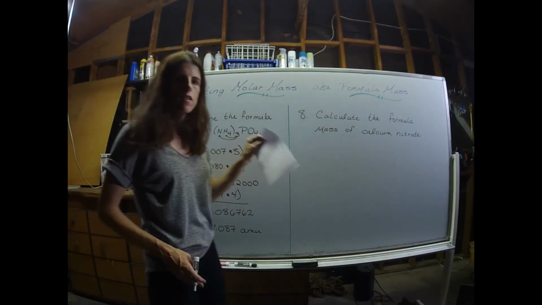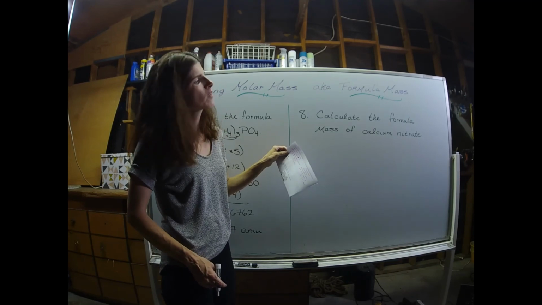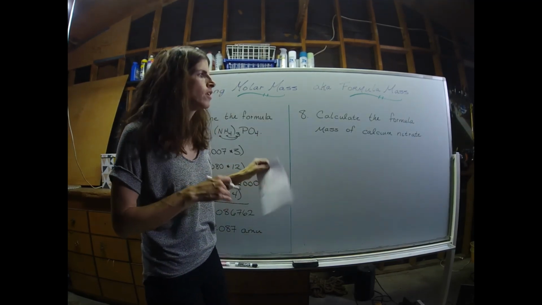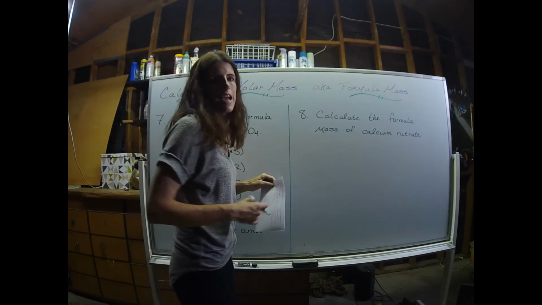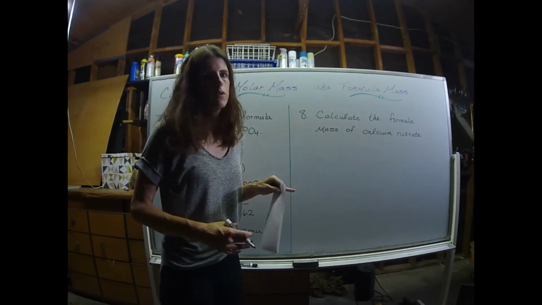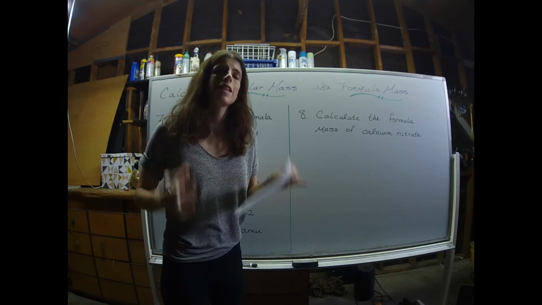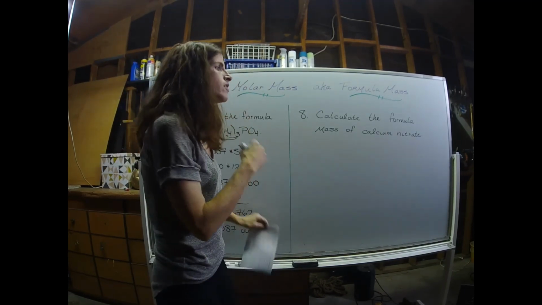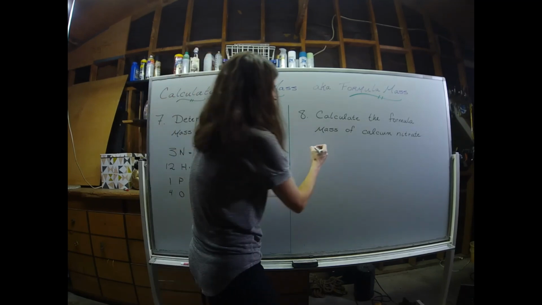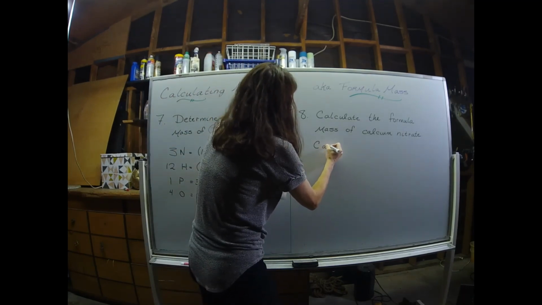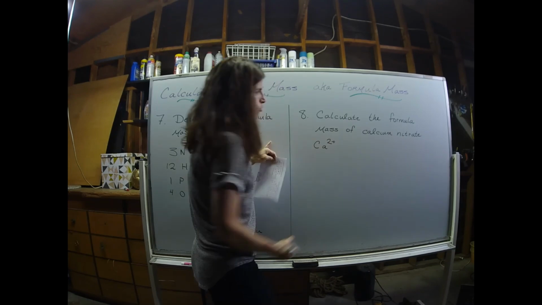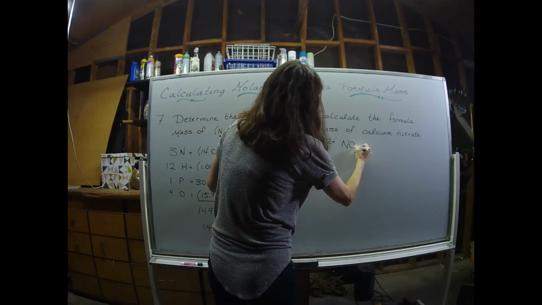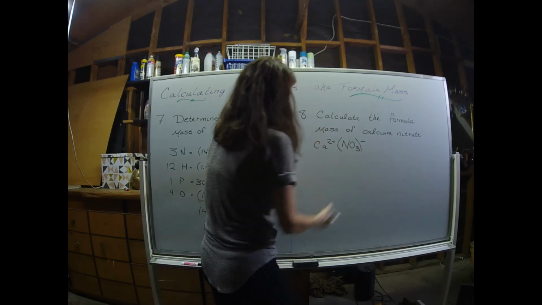Next one, this is probably the most frequently missed problem when we do this lecture packet together in class. Reason being, people get very excited and they write down calcium and they write down nitrate. But when you're given the name of a compound, you always have to make sure that you're doing the crisscross and making sure you're considering, what does this formula look like? So I'm going to do calcium 2 plus with NO3 minus and I'll put some parentheses there.